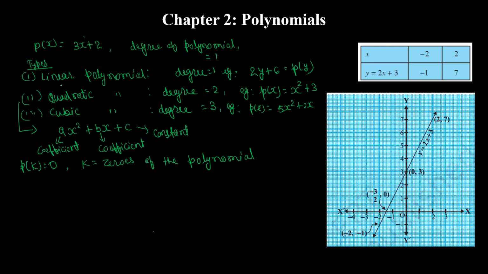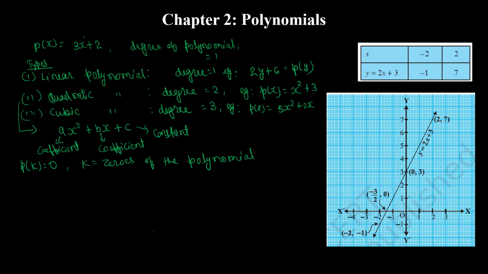If it is a linear polynomial, then there will be one zero. In quadratic there will be two zeros, in cubic there will be three zeros. So like this, on the basis of degree, we have the number of zeros. Degree is 1, it is a linear polynomial and only one solution.